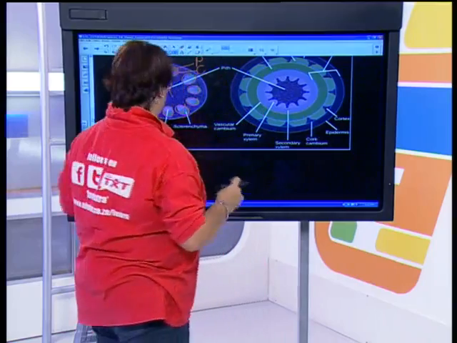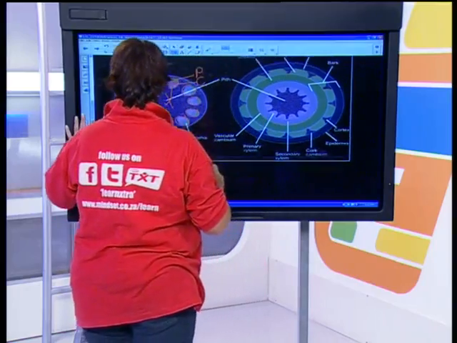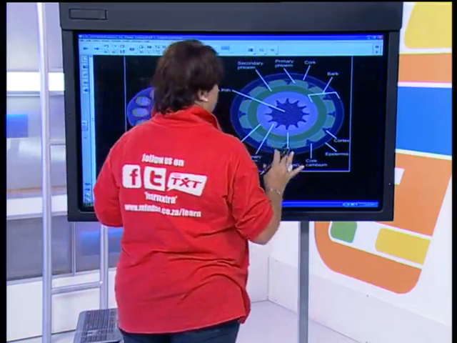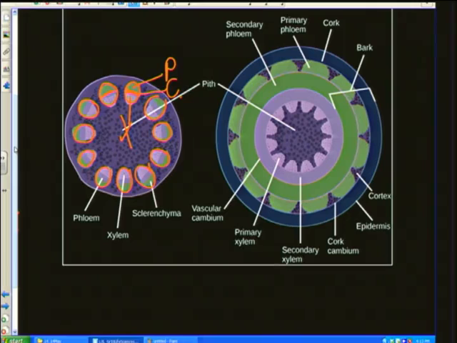So let's have a look at this diagram right next to it. Looks very confusing, but let's have a look. Look at the green one. Let me use a different color, I think pink would be better. The green is the phloem.